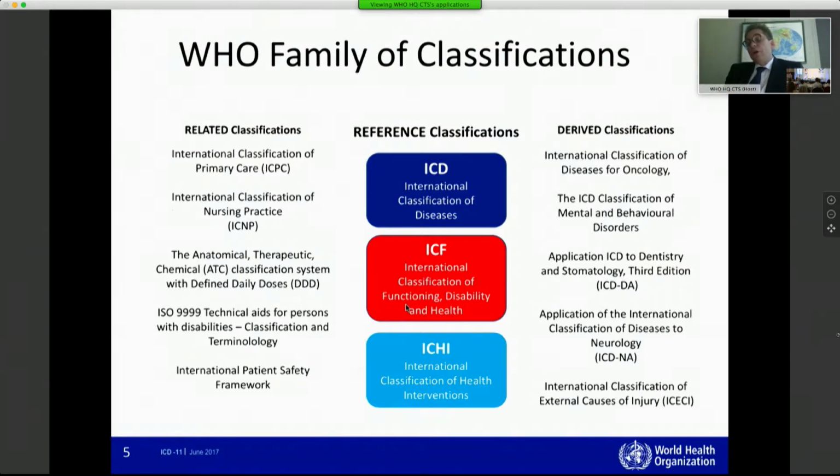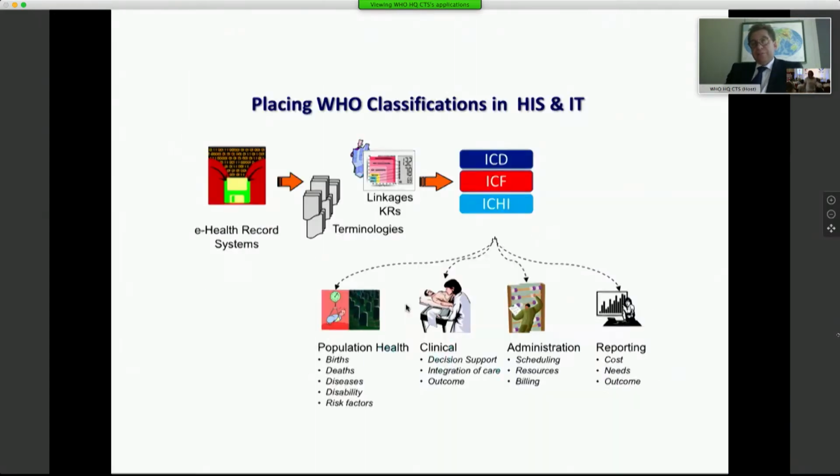So we are no longer talking about different books, but of a harmonious network that allows different levels of detail. And while you look at the derived classifications, you may ask, why isn't pain mentioned yet? Well, at the moment it's not there, but that may be an option for your discipline to have a pain-focused version of the ICD-11. Just for completeness, of course, we have related classifications, which are not necessarily derived from these core reference ones, and they cover other areas that are relevant in health.